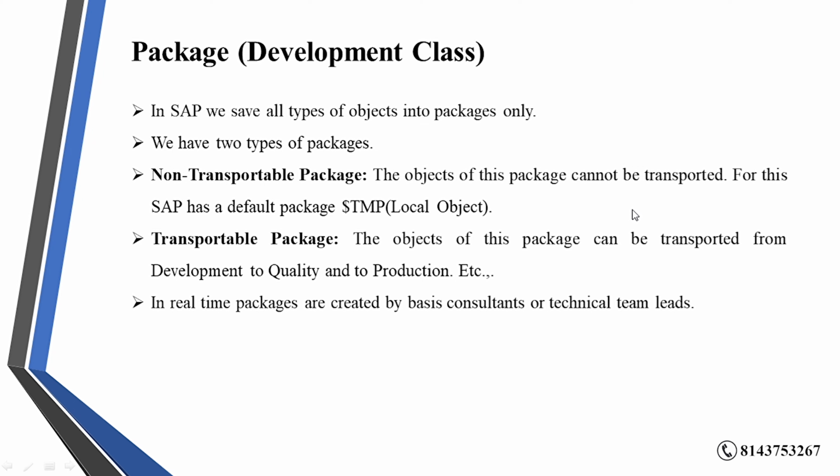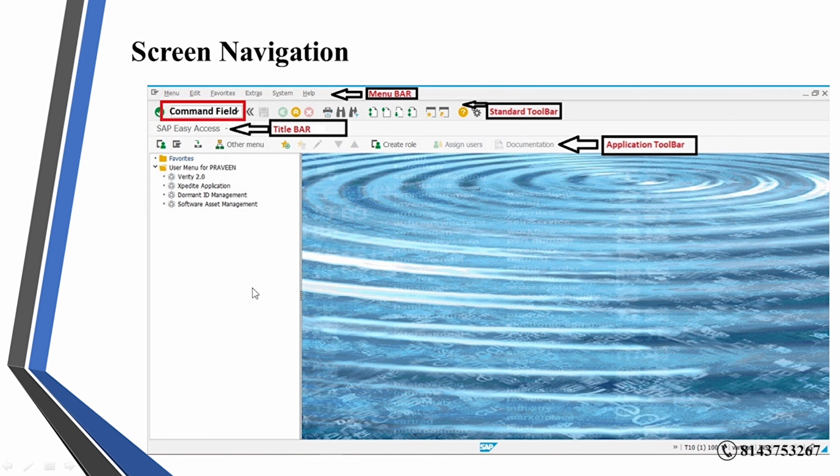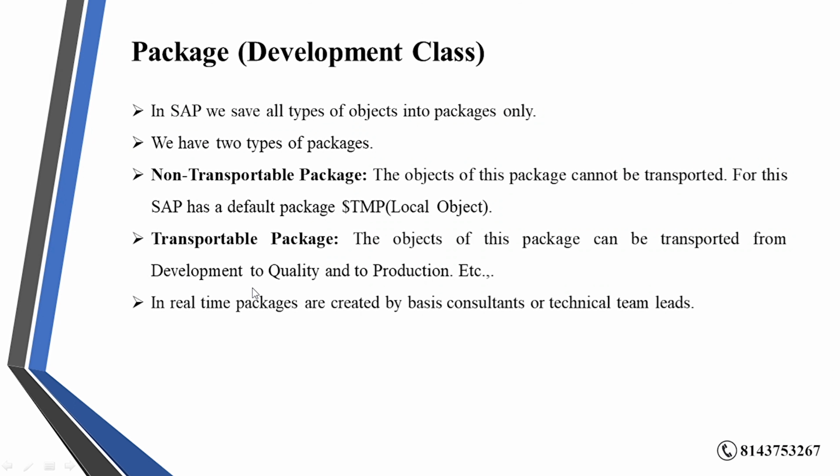What is the local package here? Dollar TMP. SAP has a default local package called $TMP. That means it is temporary and will be stored within the client, which cannot be moved to another client.